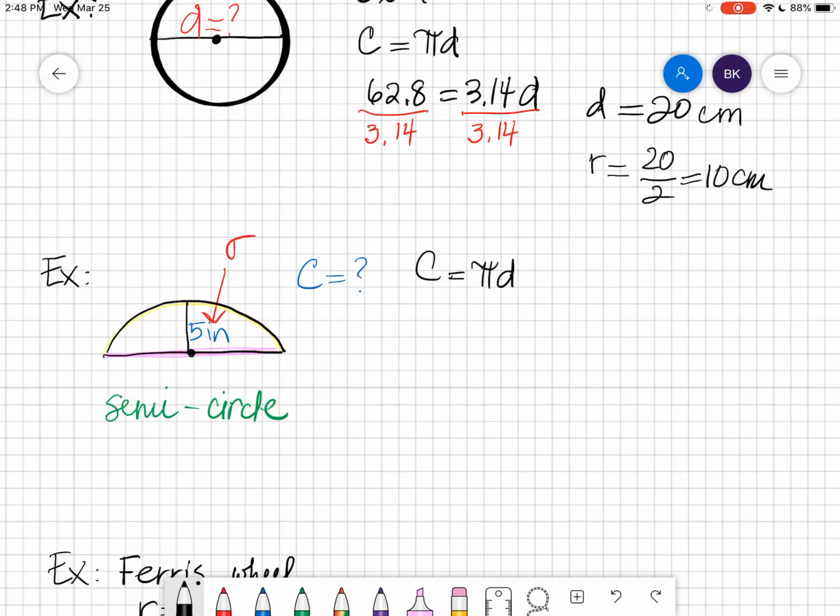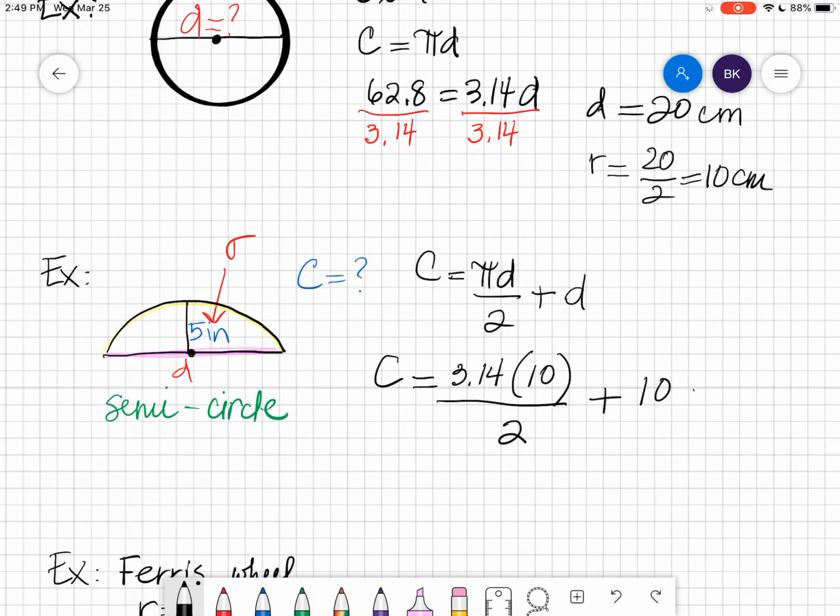circumference equals pi times d. Since it's half the circle, we're going to divide by 2. And of course, I said this is a diameter, so I'm going to label that diameter and add the diameter into my formula. Now let's plug in the numbers. Circumference equals 3.14 times the diameter. We know the radius is 5, so the diameter is 10, all divided by 2, and then we have to add the diameter, which would be plus 10.